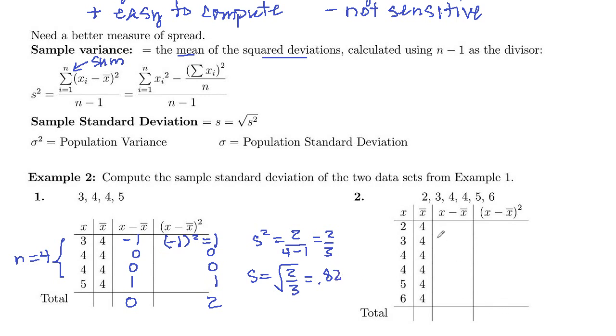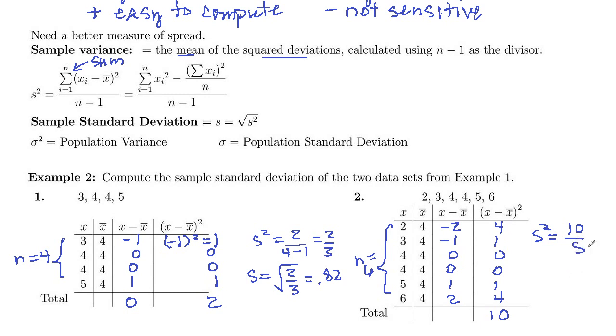Okay, so pause the video for just a second and try the same thing here for the second data set and see if you match me. So you should have had deviations of -2, -1, 0, 0, 1, 2. When you square them, 4, 1, 0, 0, 1, 4, add them up for a total of 10. So your s squared would be 10 divided by, there are 6 values here, so n is equal to 6, so we're dividing by 5.